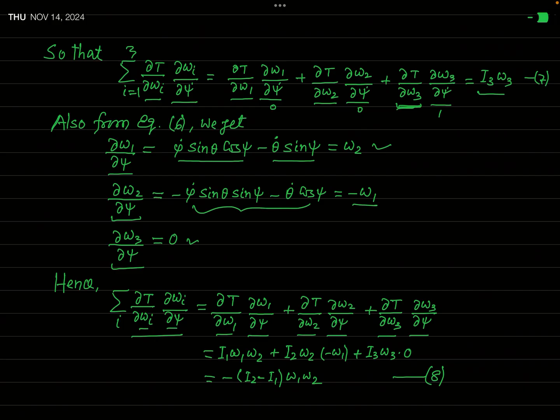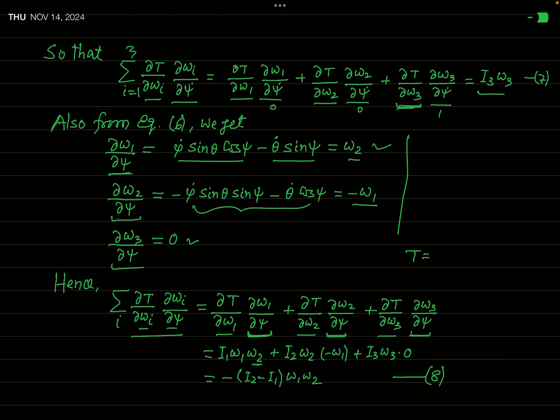Now let us substitute the values of del omega 1 by del psi, del omega 2 by del psi, and del omega 3 by del psi, which we have obtained already. You can see del omega 1 by del psi is omega 2. So instead of del omega 1 by del psi, I have written omega 2. And again, you know del T by del omega 1. What is this?